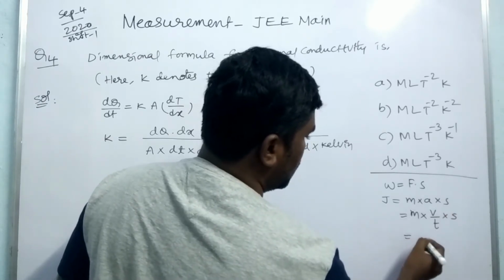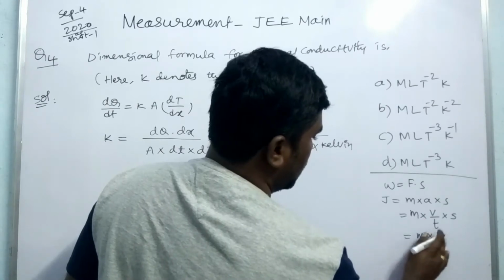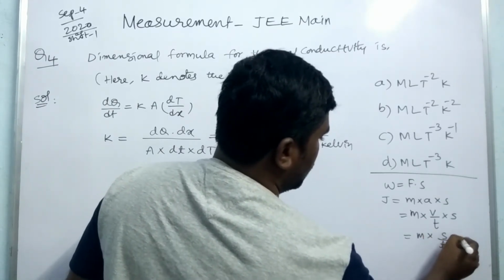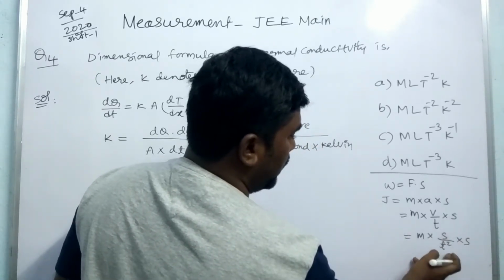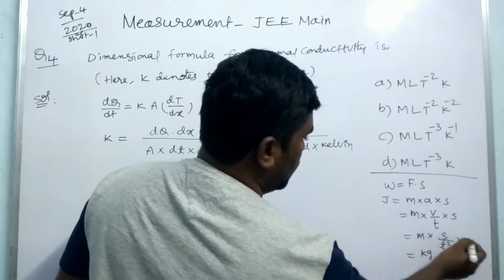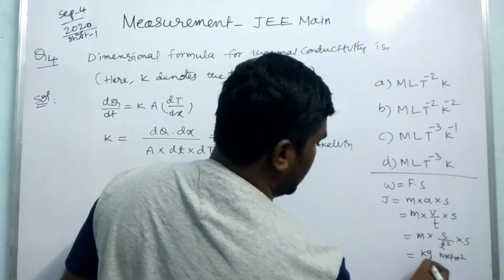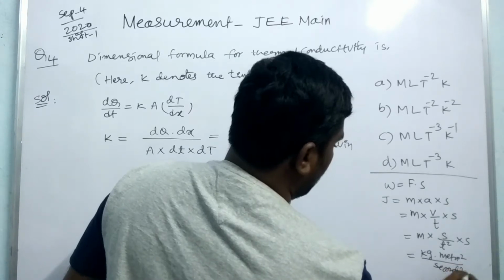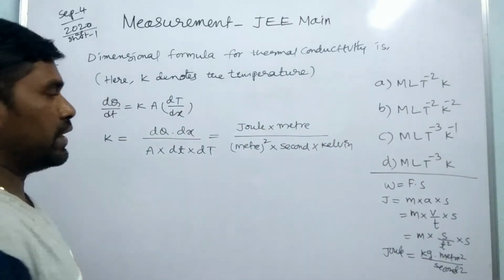Velocity is displacement S by T, so it is mass into S by T square into S. Mass into displacement square by time square. Mass is in kilograms, displacement square is meter square, by T square, second square. Okay, so now joule should be written in terms of kilogram meter square per second square.